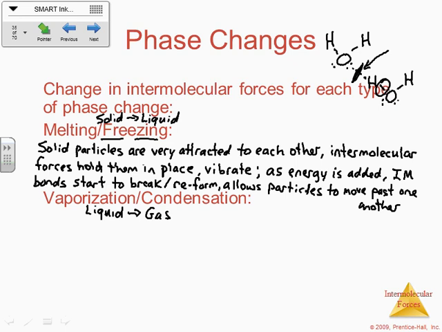So, liquid particles, again, well, we already know what the liquid particles are doing because we wrote it up there. They're breaking and reforming, okay?